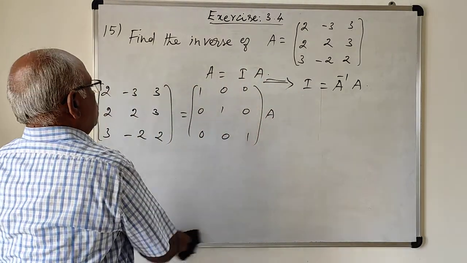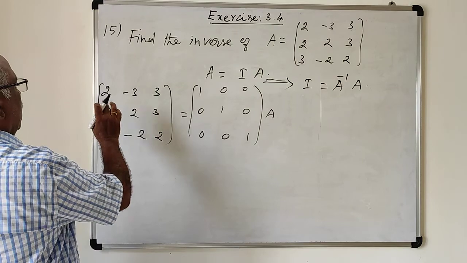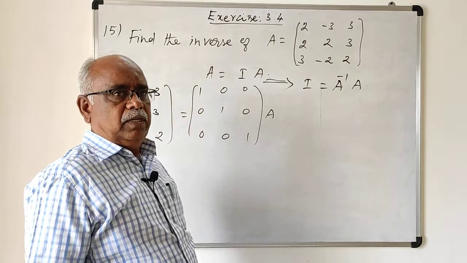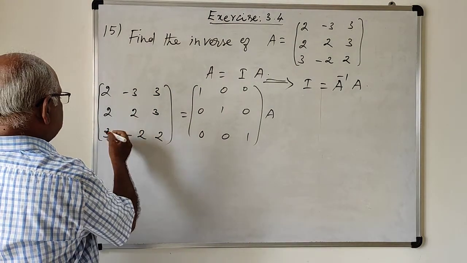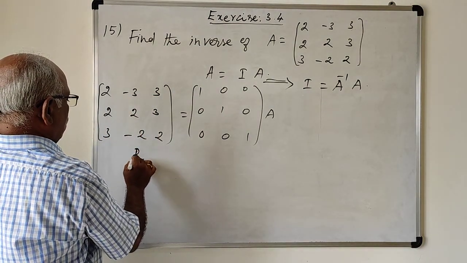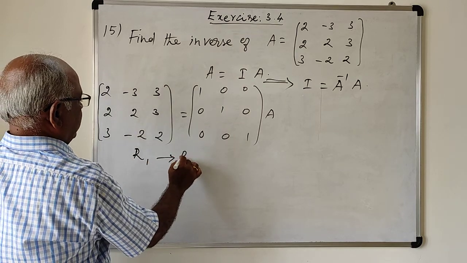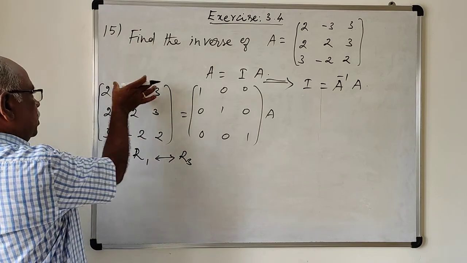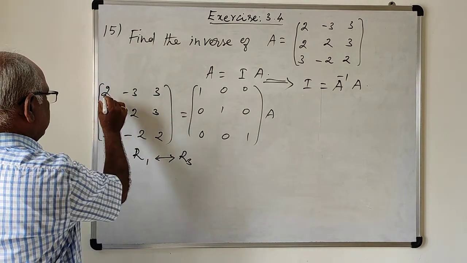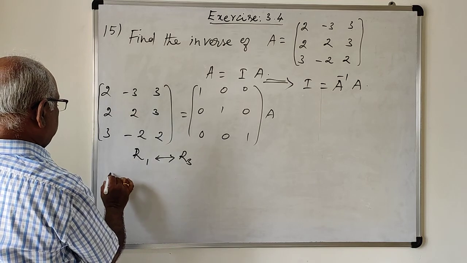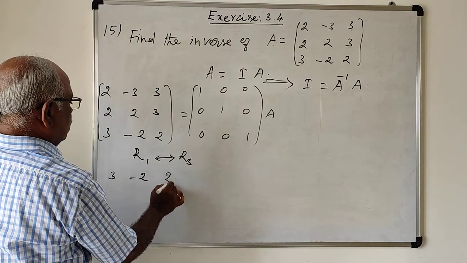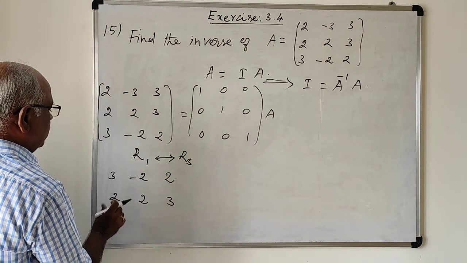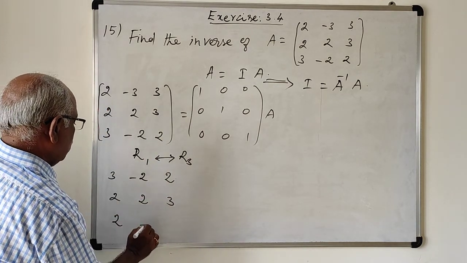As I told you, the first row, first column element, we have to convert to 1 immediately. For that, I interchange row 1 and row 3, that is, R1 elements go to R3 and R3 elements to R1. The third row becomes the first row, that is 3 minus 2, 2, then 2, 2, 3 and 2 minus 3, 3.